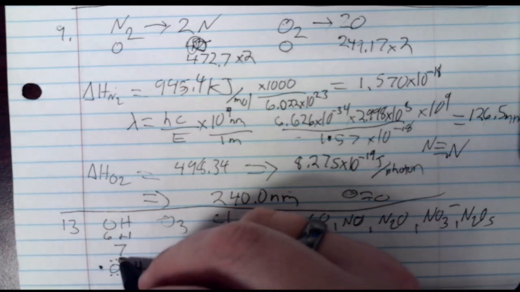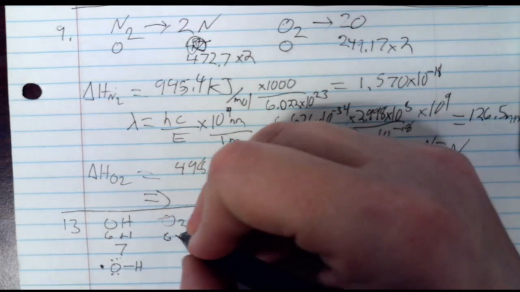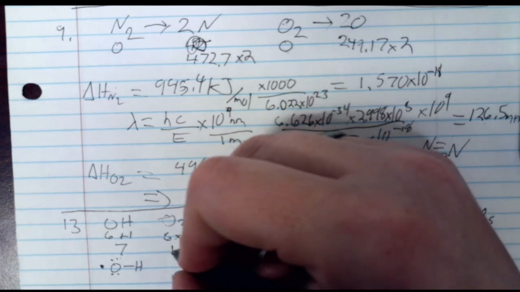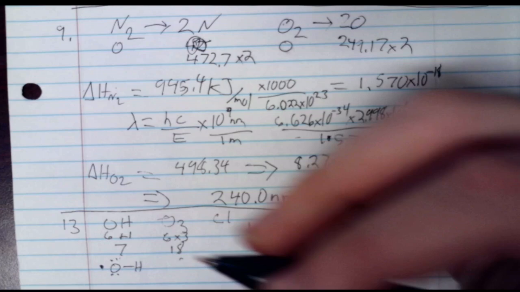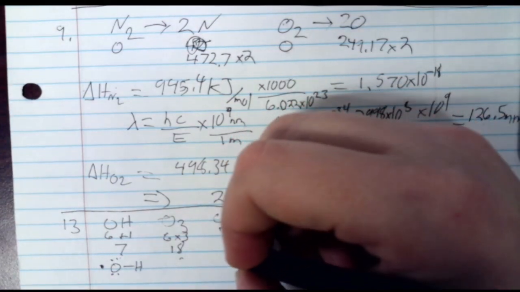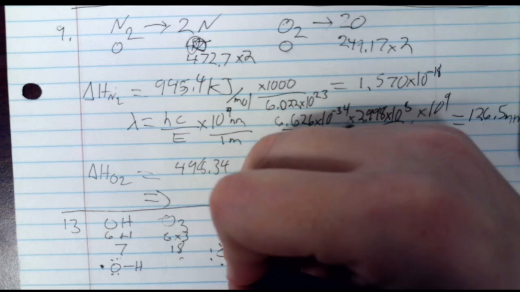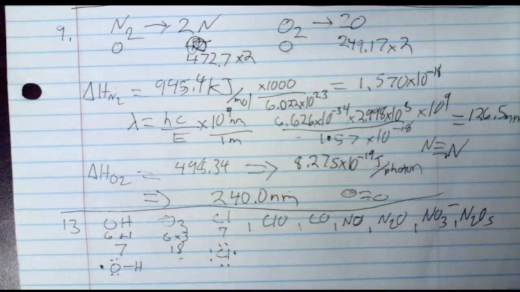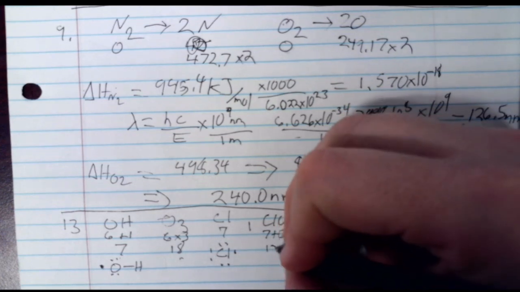So 1, 2, 3, 4, 5, 6, 7. Ozone, 3 oxygens, going to be 18. Even, it's not going to be a radical. Chlorine is in group 7. So with its 7 electrons, it can only be a radical. ClO, 7 plus 6, that's 13.